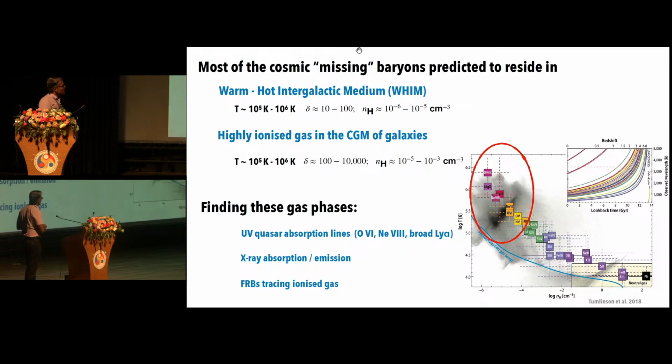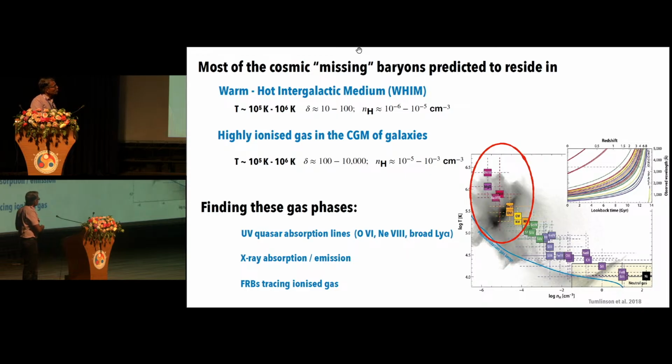So what this graph is showing is the temperature-density phase diagram, and what are the key ions which are diagnostic of these temperature-density phases. I want to draw your attention especially to the left end of this, where you see temperatures of 10^5 to 10^6 to 10^7 Kelvin, and that is the regime where a lot of these baryons are lurking in the low redshift universe.